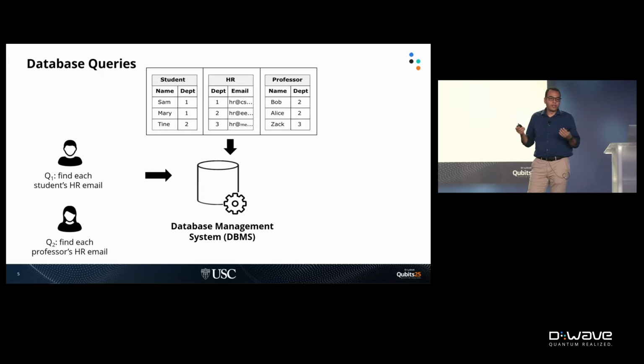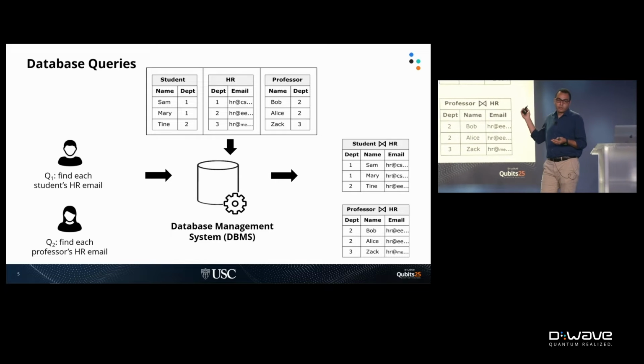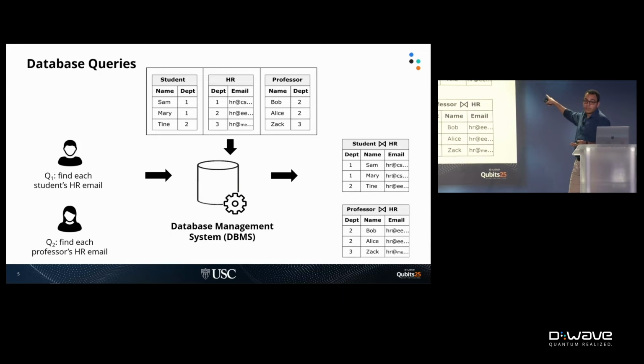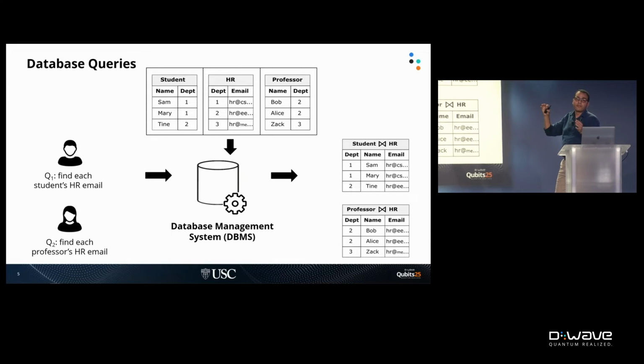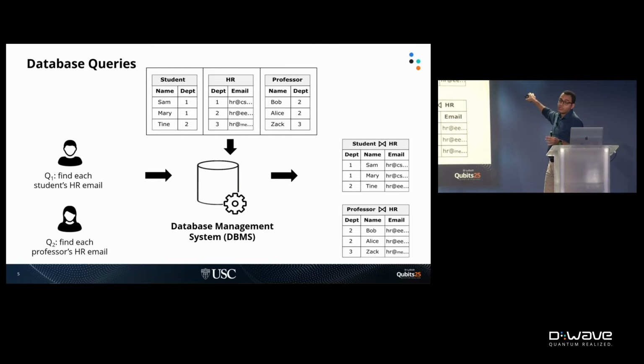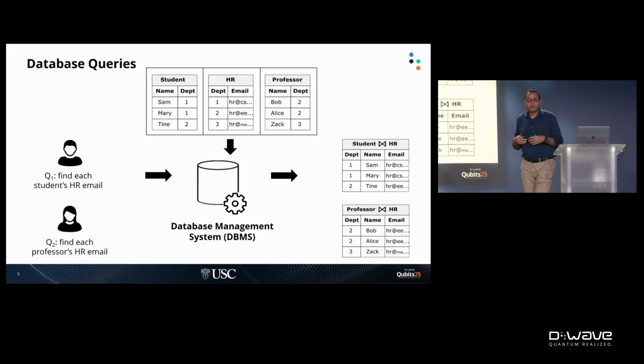What we are looking for in the DBMS is to come up with an output like this. You pass the queries to the DBMS engine, and then you get an output in a relational way like that. For the first query, we get a simple table with information from two tables, student and HR. The second one follows the same pattern, getting the data from professor and HR.